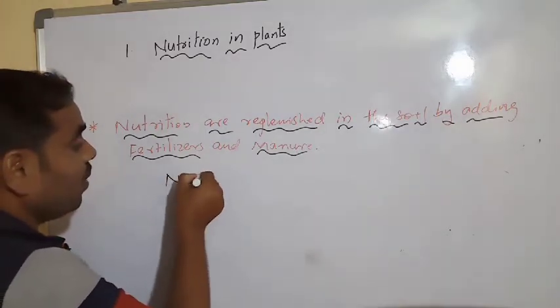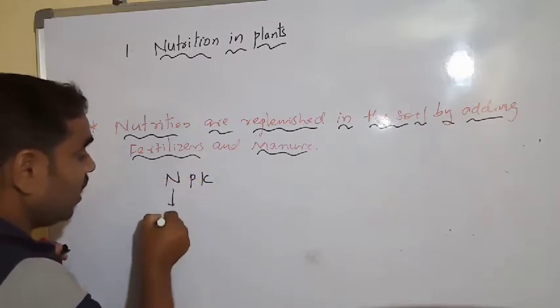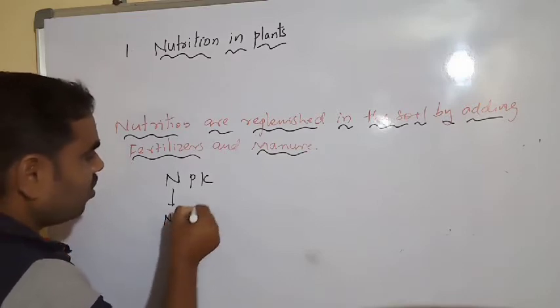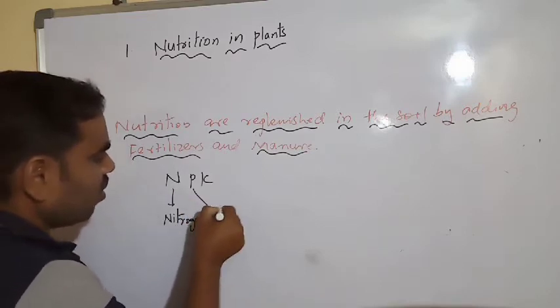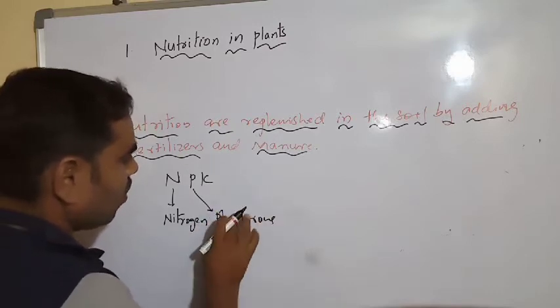N, P, K. What is N? N means nitrogen. P means phosphorus.